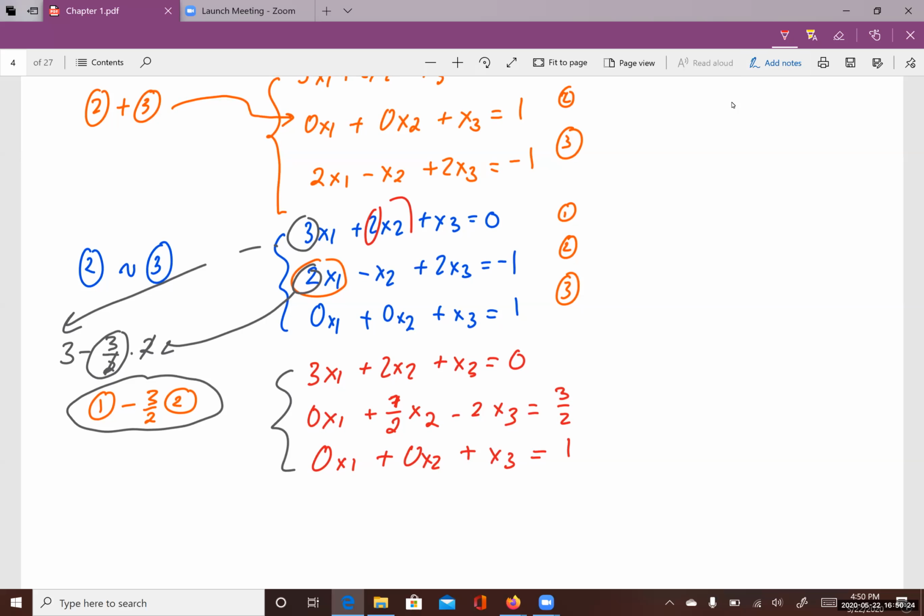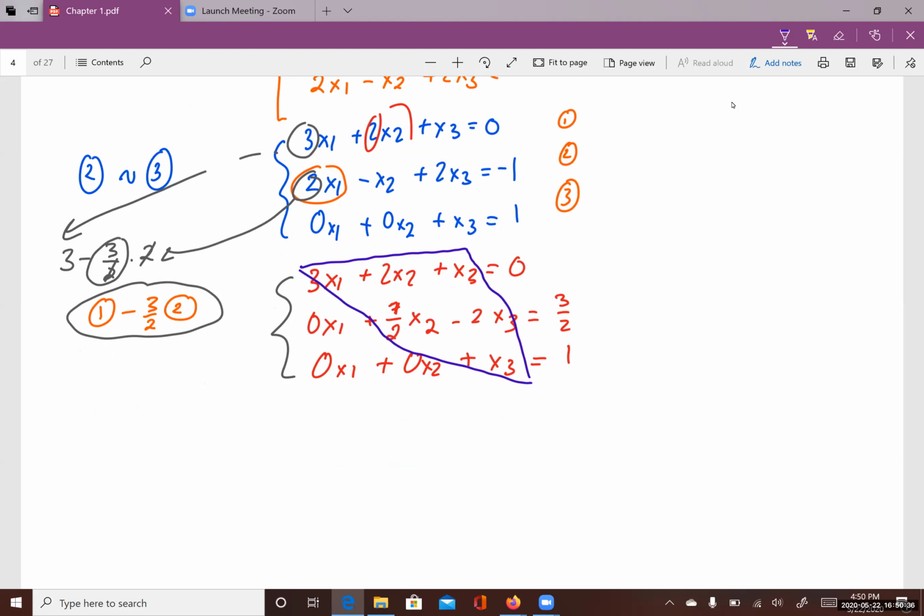The system now, if you want to draw a triangle here, it looks like a triangle, right? I have 0 here. And now you can use backward substitution to solve for the system. So x3 equals 1.